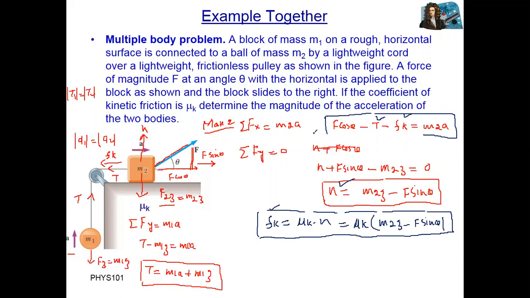The result will be F cos theta minus tension. Tension is equal to m1a plus m1g, this equation.